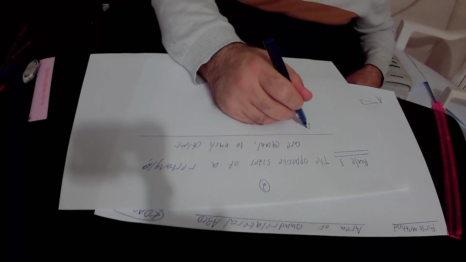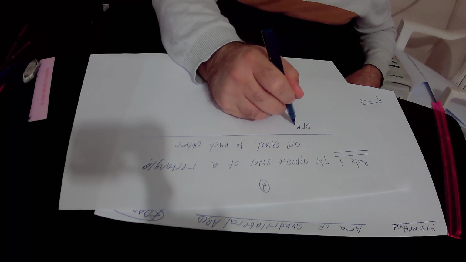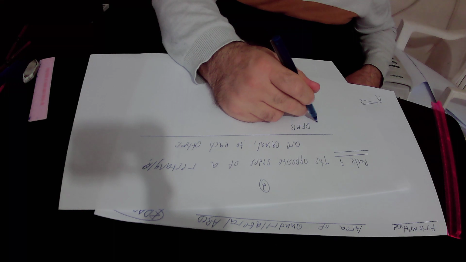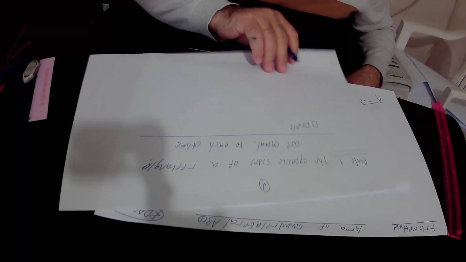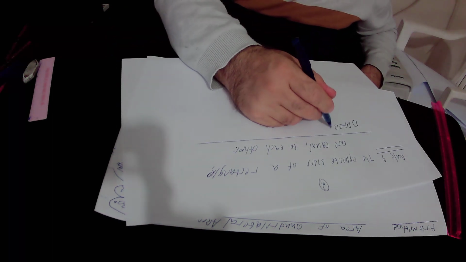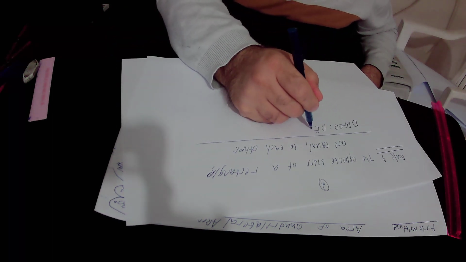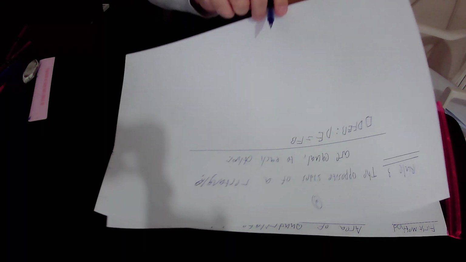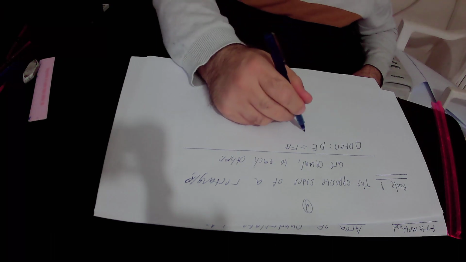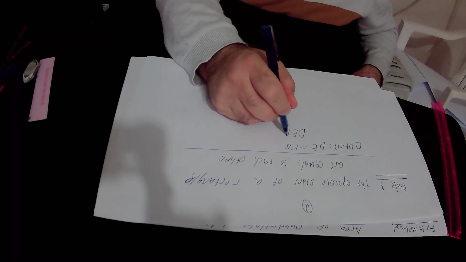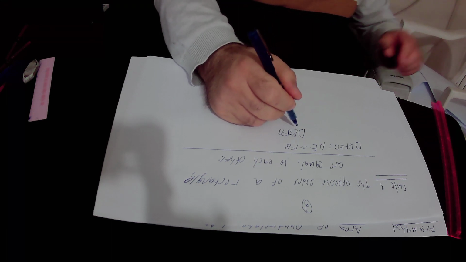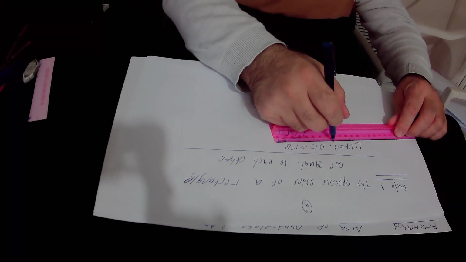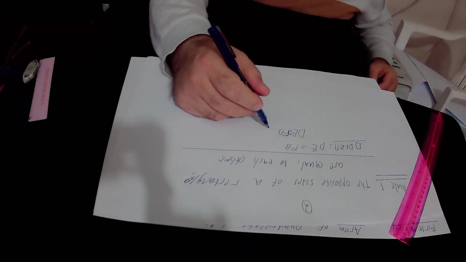Rectangle DFEB: DE equals FB. Again, DE equals FB, according to rule number 3.